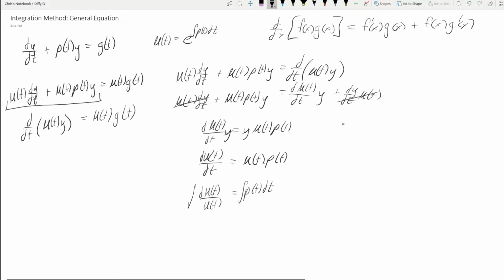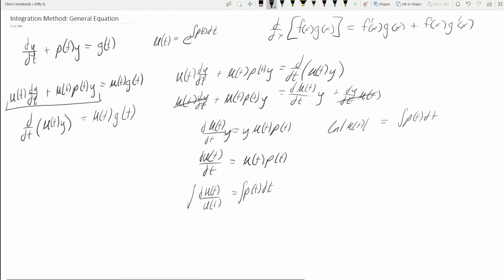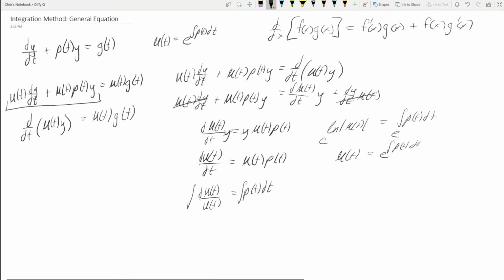So this is going to equal the natural log of mu(t) is equal to the integral of p(t) dt, but we want to solve for mu(t), so we're going to take everything to the e to get rid of this natural log. So then we're going to get mu(t) is equal to e to the integral of p(t) dt. So this is how we get this right here.